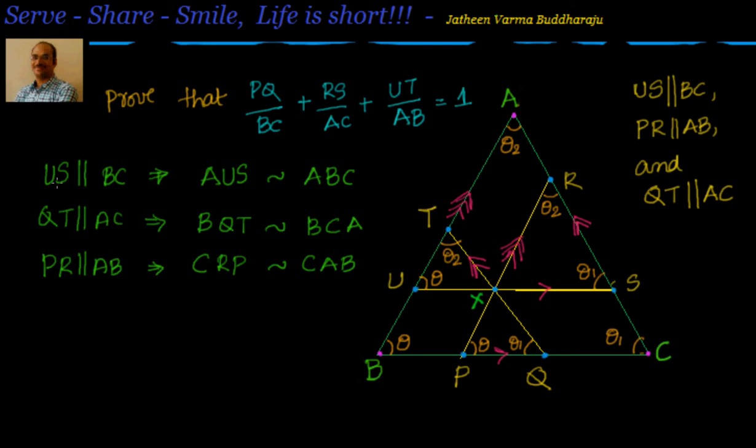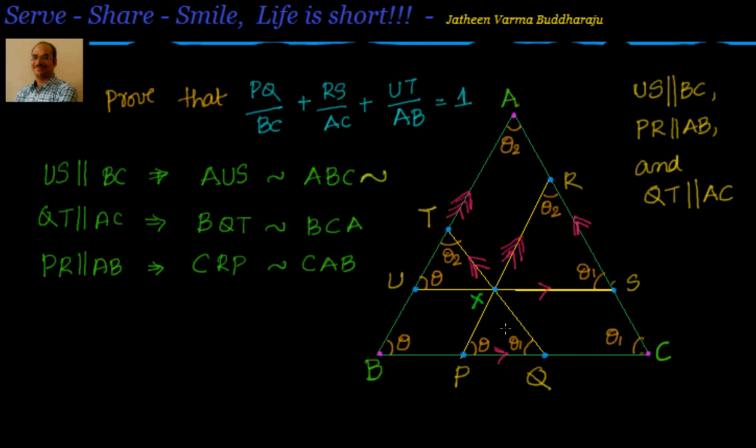So we have said that US is parallel to BC, AUS has base angles theta and theta 1, and ABC again has theta and theta 1, right. Now one thing we have to understand is, are these the only similar triangles we have, or are there any other similar triangles? That is what we have to work on. Let us see that. US parallel to BC, AUS is similar to ABC.